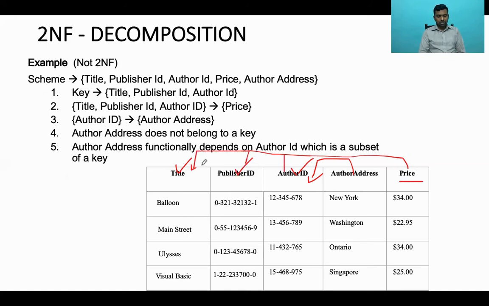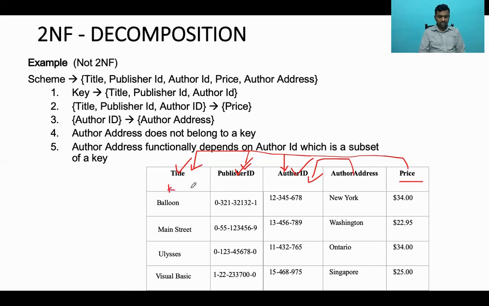So what is the second normal form? A non-key attribute, right? What are the non-key attributes here? Author address and price. Two things are my non-key attributes. We have three possible key attributes: title, publisher ID, and author ID. Let me mark them with K to show they are the possible key attributes.